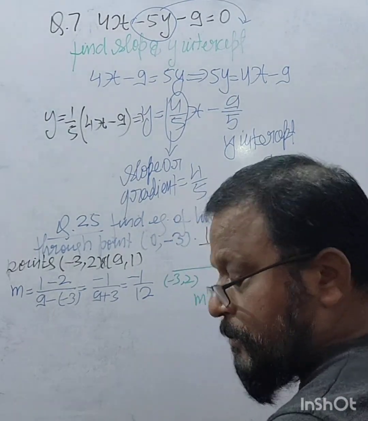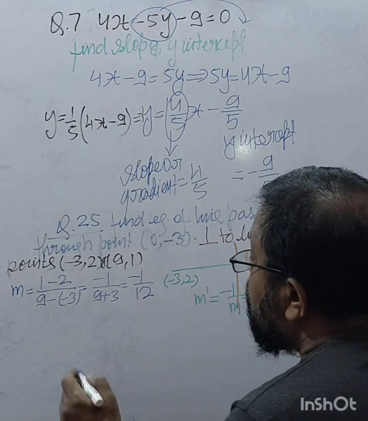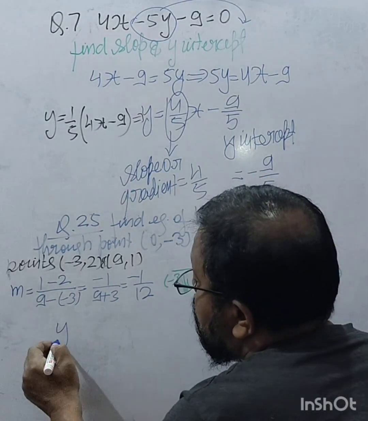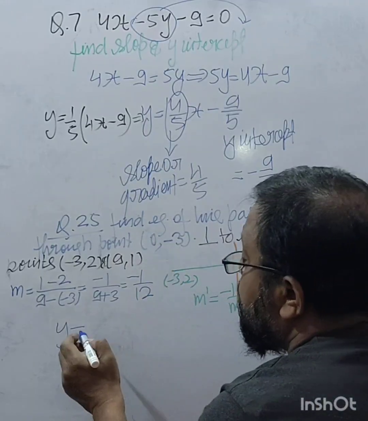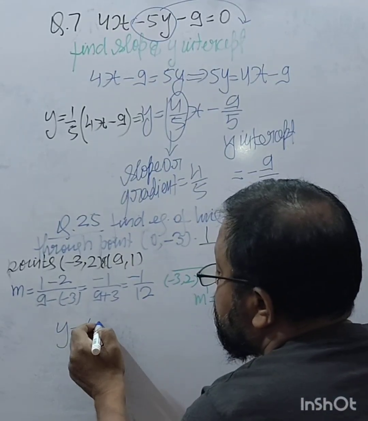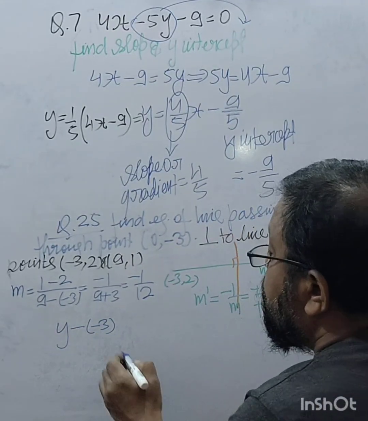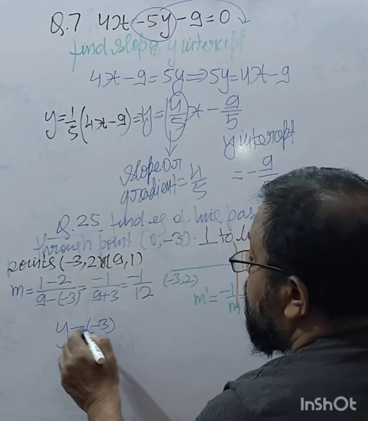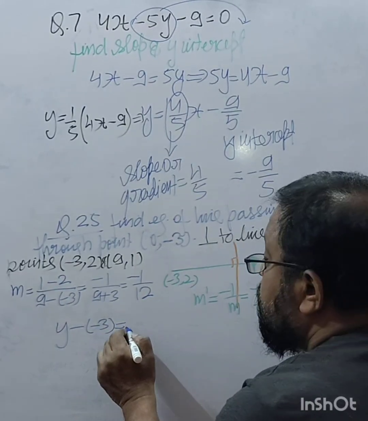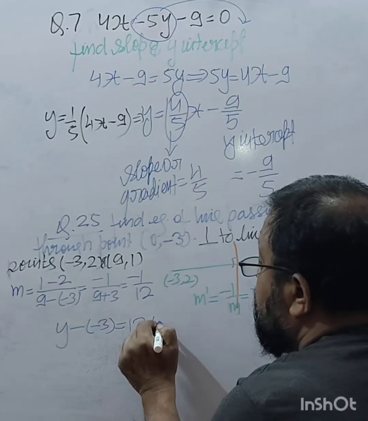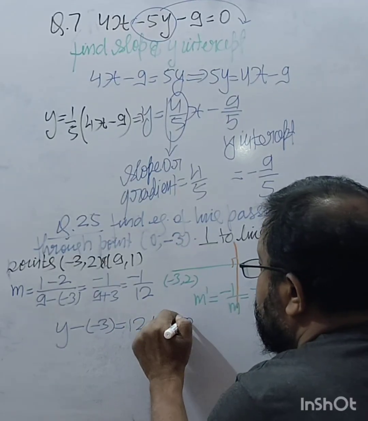So now we get the slope equation. y minus 3 is equal to m, which is 12, bracket x minus 0.